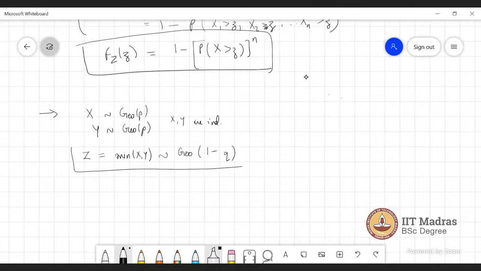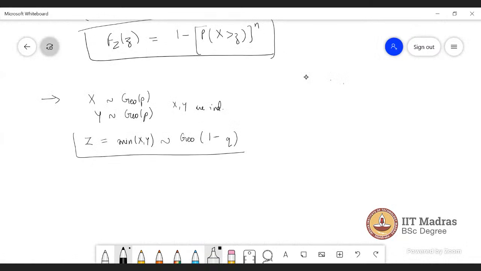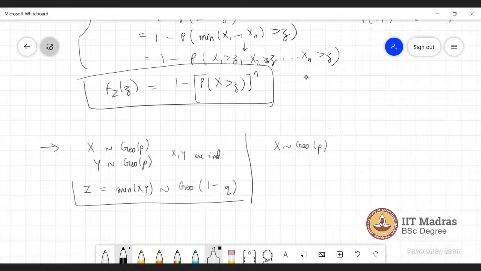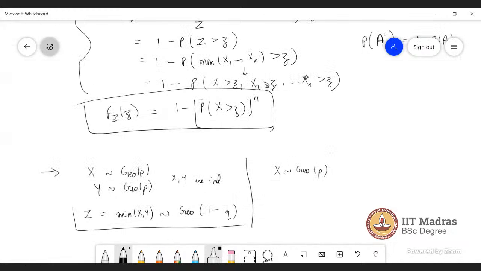Ma'am, x and y both have the same probability p. And the other case you can have is like this. This and the previous problem are similar. Here, the minimum of x and y is z. So x will be greater than or equal to z, and y is greater than or equal to z.